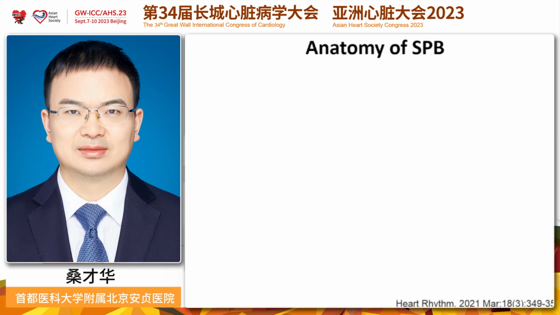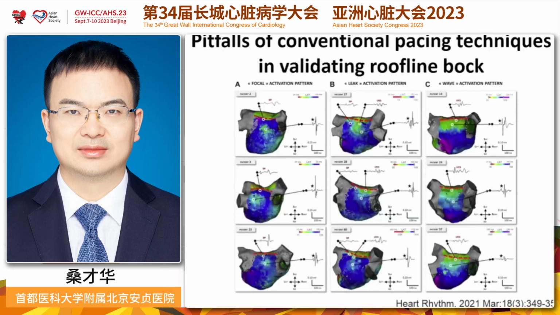Once many doctors thought it was easier than the microisthmus. However, when we use high-density mapping to recheck the roof line, 1/3 of patients have pitfalls.